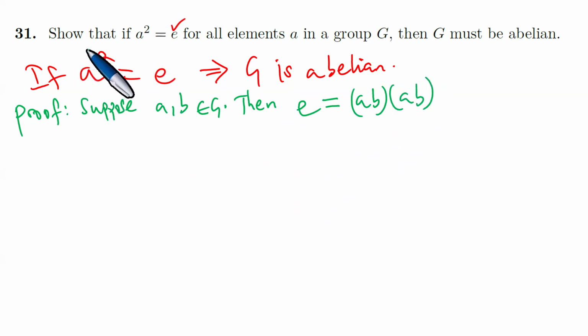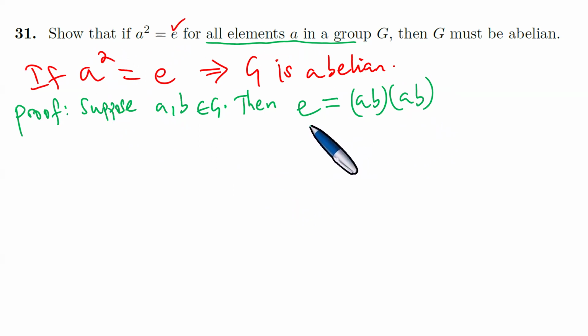Because we need to show that if A squared is the identity for all the elements A in a group, it means that every element in this group is a square, of order 2. So AB has order 2, so that when you have AB times AB, you get the identity.